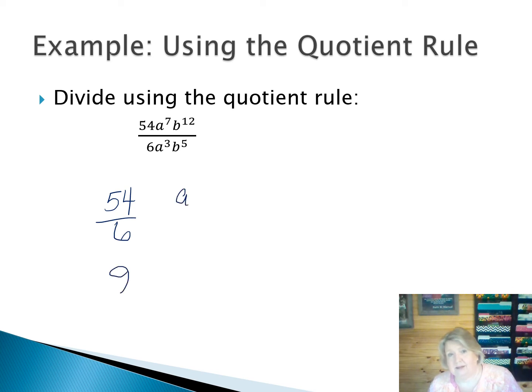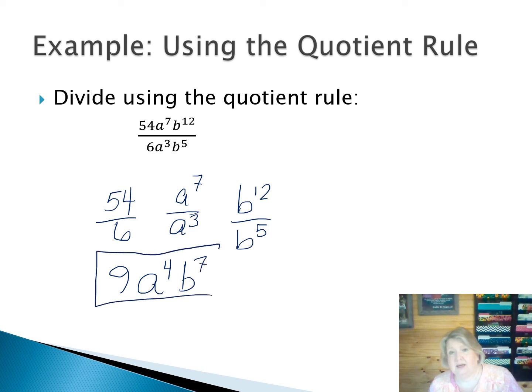Then I look at a to the 7th over a to the 3rd, and that's just all I'm looking at, and I say base a, 7 minus 3 is 4. Then I look at the b to the 12th over b to the 5th, and that's a common base of b, and 12 minus 5 is 7. So 9a to the 4th, b to the 7th. If I break it down into 3 simple problems instead of one big problem, it becomes very easy. But again, I want to do that part in my head.